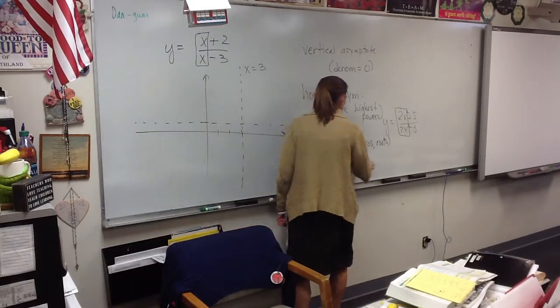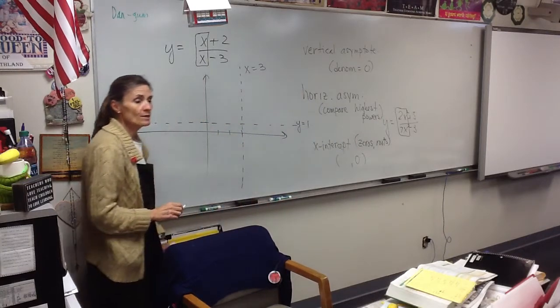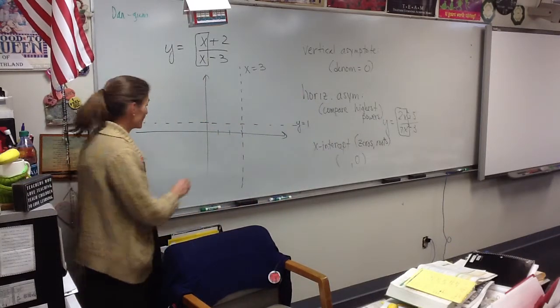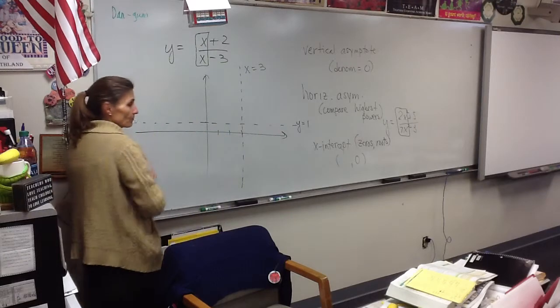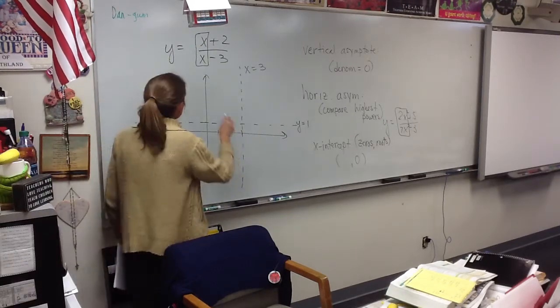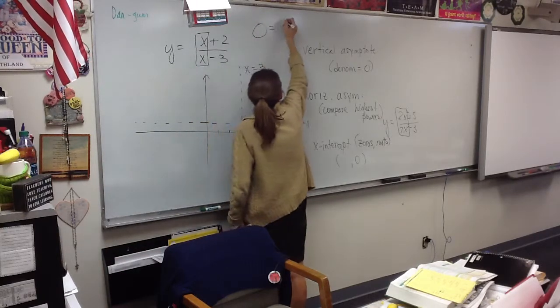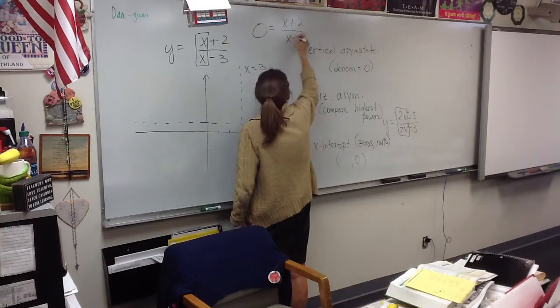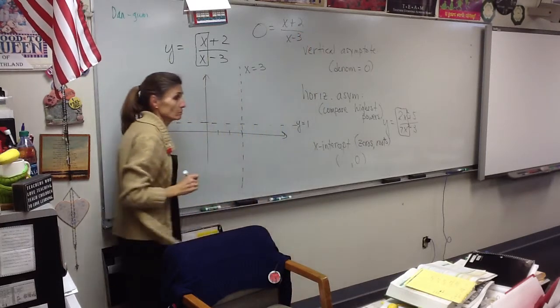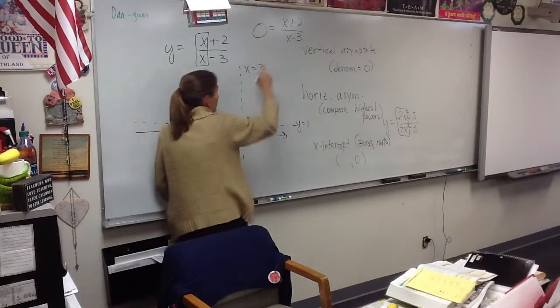And your x-intercept is a point where the y-coordinate is 0. It's on the x-axis. So I'm going to go up to my equation, and I'm going to say, okay, y is 0. How would I solve that equation?